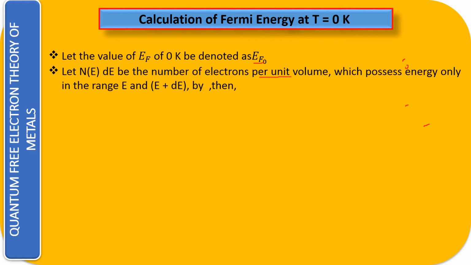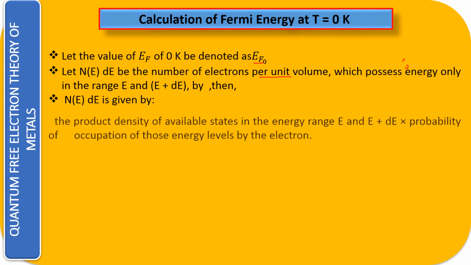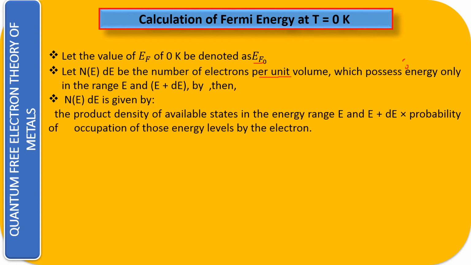Let me delete this so that you will be able to see with clarity. Let us suppose N(E)dE is the total number of electrons available between E and E plus dE. It will depend upon the density of states, and it is the product of the density of states between E and E plus dE and the probability of occupation of those energy levels by the electrons.